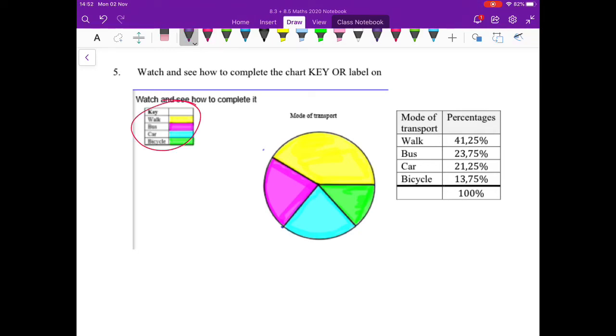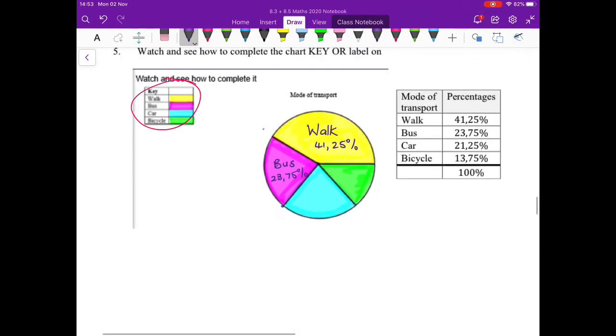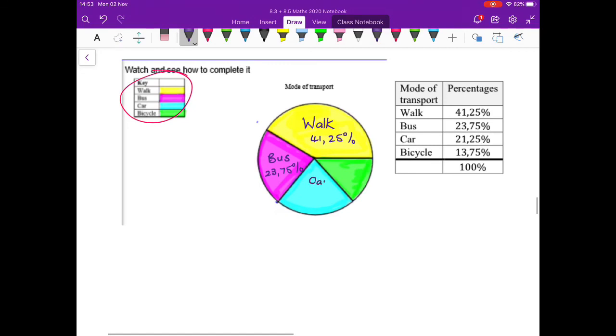So we either need a key, or what we can do here, so walk is yellow, we would go and label it walk, and you only put the percentage on, which is 41.25%. Bus, which is the next one, so those who travel by bus, and that's going to be 23.75%, and so on.